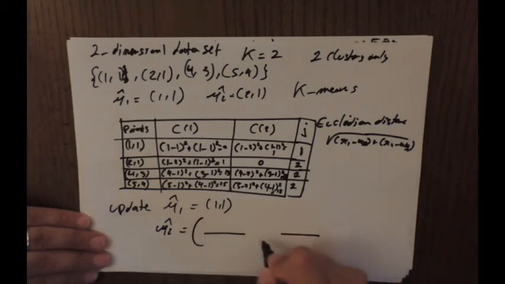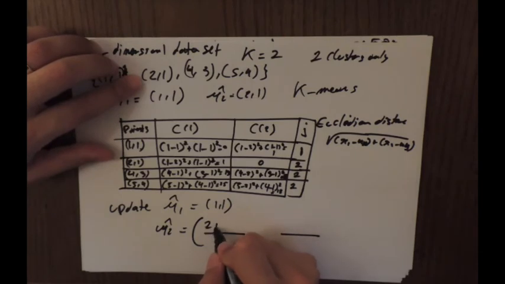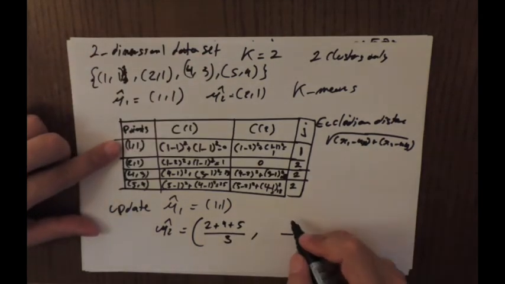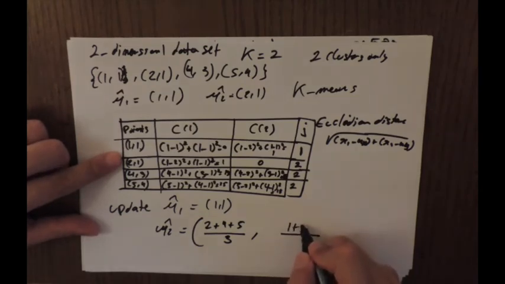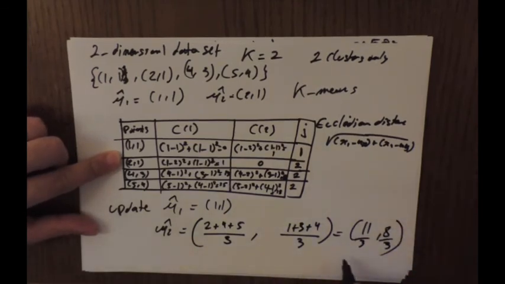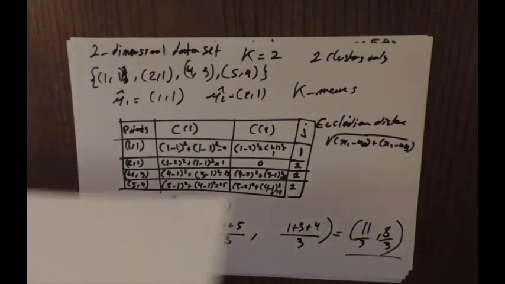Since it's 2-dimensional, we have 2 plus 4 plus 5 over 3, and 1 plus 3 plus 4 over 3, and this will be equal to 11 over 3 and 8 over 3. So this is the new mean. Now for the second iteration, I do the same table again.